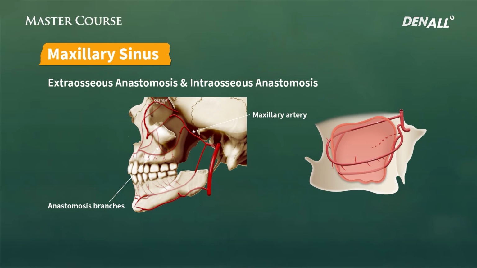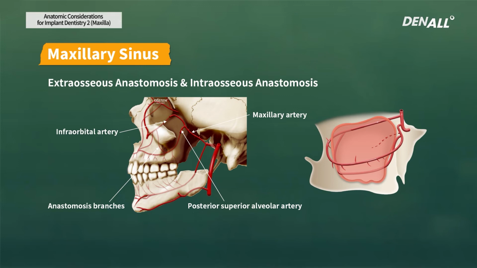In sinus bone grafting, to make the lateral window safely, there is one more thing to be considered, and this is extraosseous and intraosseous anastomosis. From the maxillary artery branch, you have the infraorbital artery and the posterior superior alveolar artery, and those two have an anastomosis.